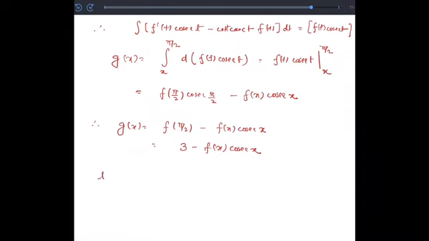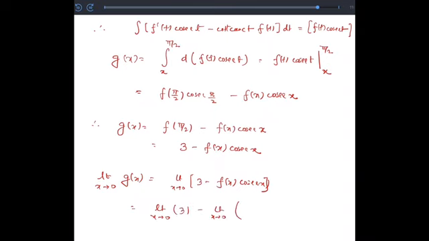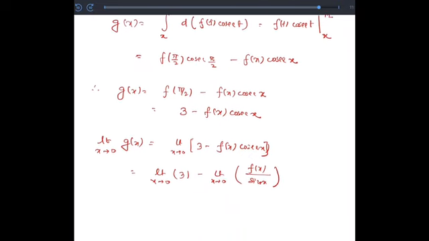Now in the question I have to find the limit x tends to 0 of g of x, which will become limit x tends to 0 of 3 minus f of x cosec of x. This can also be written as limit x tends to 0 of 3 minus limit x tends to 0 of f of x by sine of x.